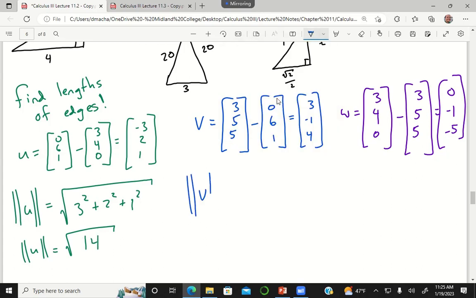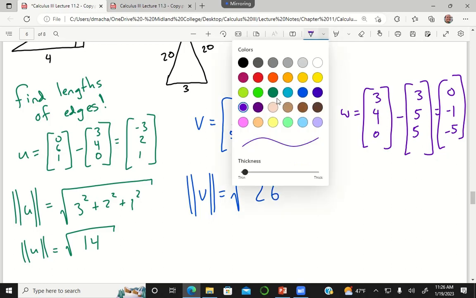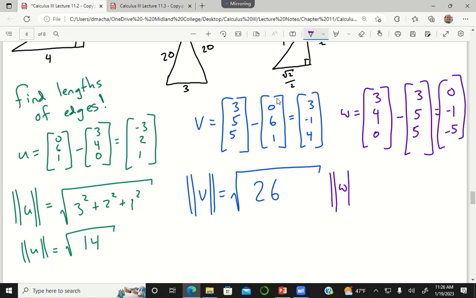Now the norm of v is going to be the square root of 9 plus 1 plus 16. So 26, I think. And then the norm of w is going to be the square root of 0 squared plus 1 squared plus 5 squared, which is going to be the square root of 26.